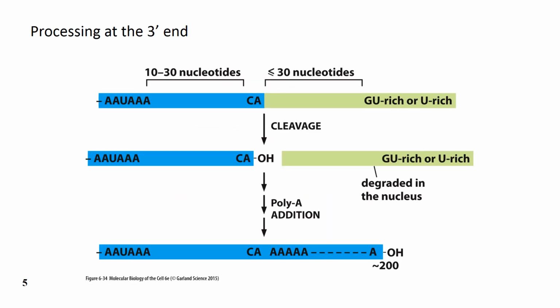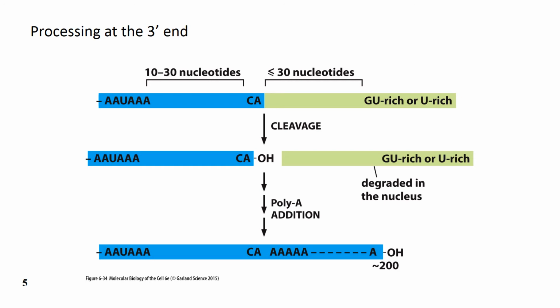While addition of the 5' methyl G cap can occur as soon as the enzymes responsible for that modification are able to access or see the 5' end of an mRNA, processing at the 3' end cannot occur until the transcription process is complete, until the 3' end of the transcript has been produced.